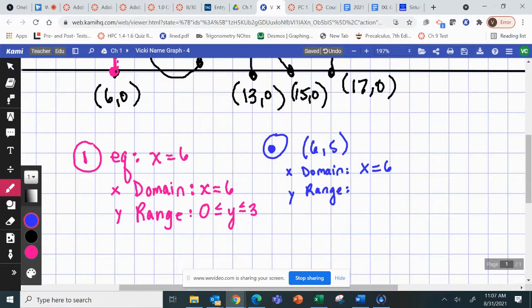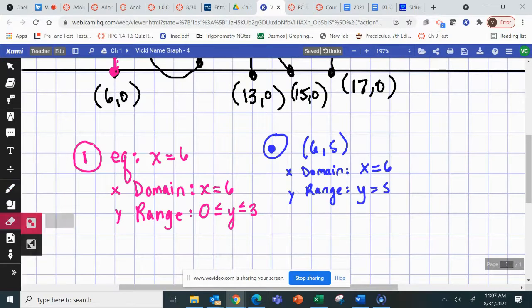What y's am I using? Just y equals 5. I can't hear you guys all the way because of the masks, but I want it to be y equals because we're saying the y values are only 5. So don't just put 5 down for the range, but y equals 5. Okay? So that would be an ordered pair.